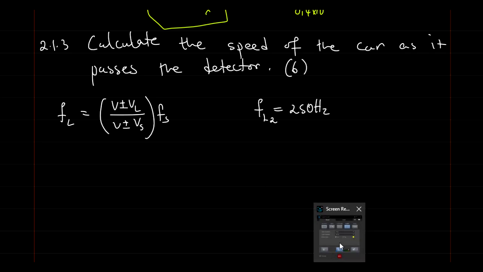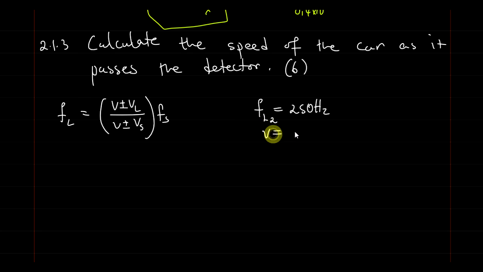So we have the frequency observed by the detector as the car is moving away from the detector, right? So what about V? We have V. They've given us that V is equal to 340 meters per second. Okay, what else do we need? We need Fs. They've given us Fs.